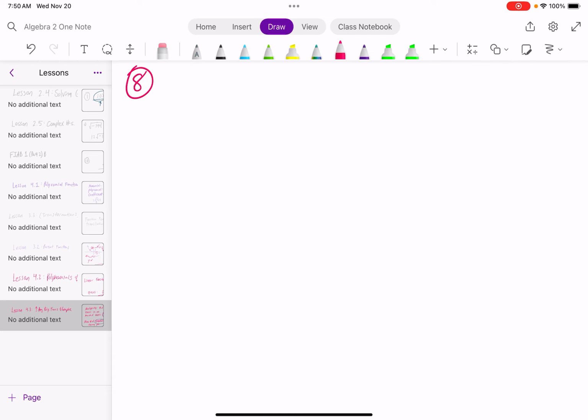Number 8 says using decimals, graph the function below and state how many zeros the function has. So I need to go to student view for number 8.